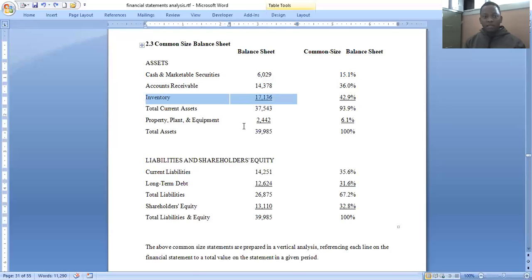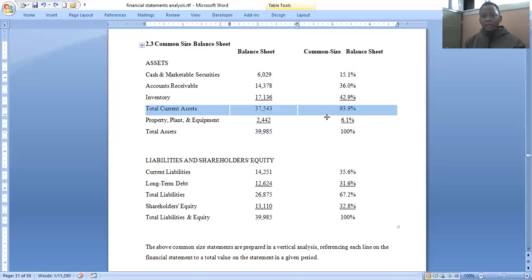The same case with inventory, the common size ratio is 42.9%, which is equal to inventory divided by total assets. That is 17,136 divided by 39,985, to give us 42.9%. The same case with total current assets. The ratio is 93.9%, which is equal to total current assets divided by total assets, that is 37,543 divided by 39,985.